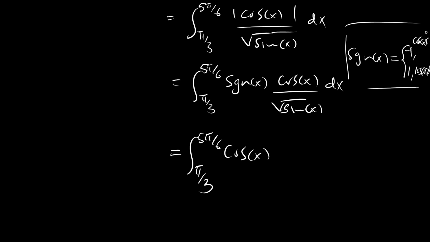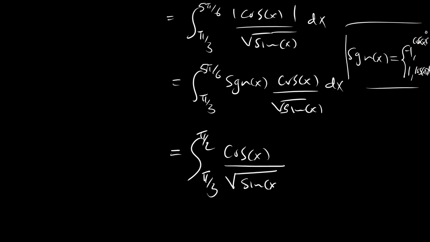So our problem becomes the integral from pi over 3 to pi over 2, where cosine of x is going to remain there in the numerator, and then negative the integral from pi over 2 to 5 pi over 6. So the sign becomes negative in this domain.